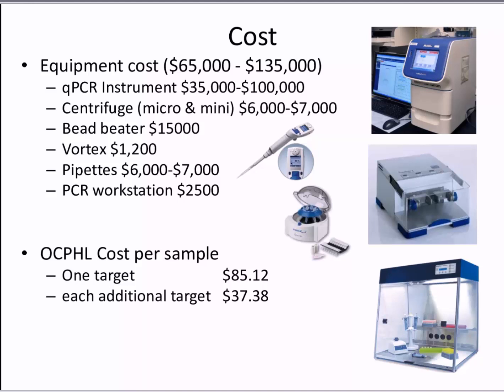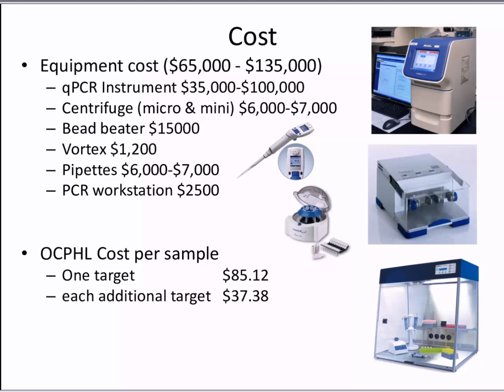So maybe your startup cost for equipment might be in the range of $40,000 to $50,000. And then on the high end, for something like a droplet digital PCR, your cost could go to about $150,000.